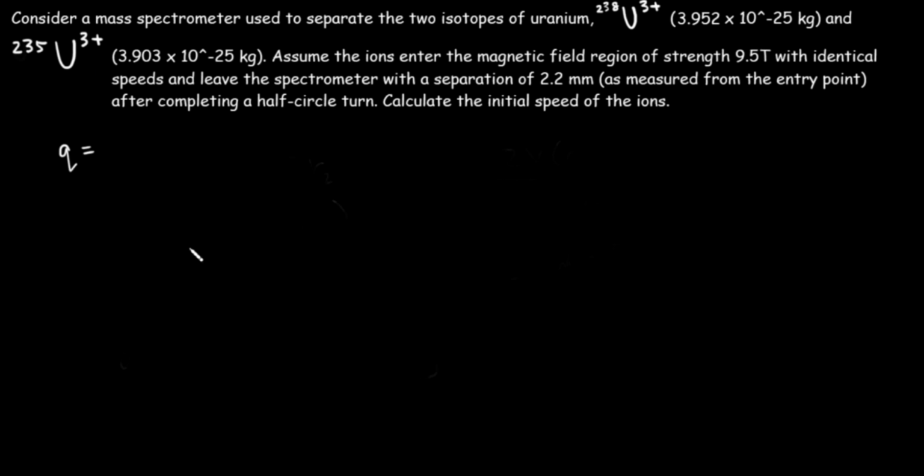So that means 3 times 1.6 times 10 to the negative 19. And that gives me 4.8 times 10 to the negative 19 coulombs. So this is the charge for both isotopes.